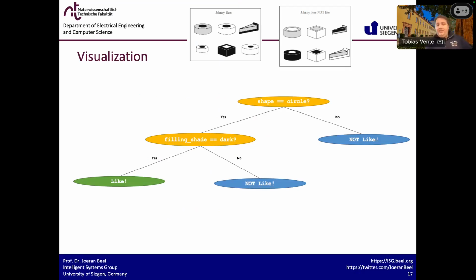And again, the shape equals circle. Yes, the filling is dark. Yes, so all cakes on the left side that have a dark filling and are circular shape are the ones that Johnny likes. So this would be, for example, one way of building up a decision tree to find out if Johnny doesn't like the cake.